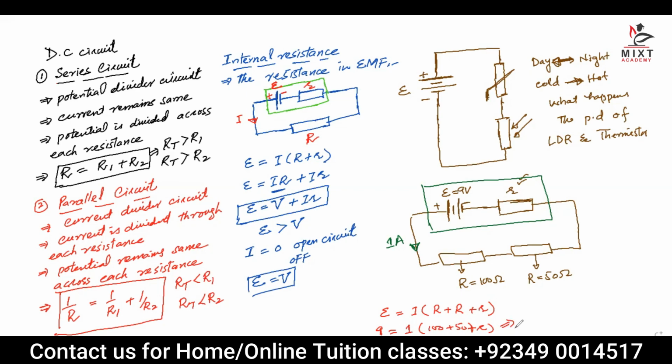Yeah, definitely, the values are not correct. That's fine. I used the same formula, V is equal to EMF minus I r. You use it with the minus sign. That's fine.